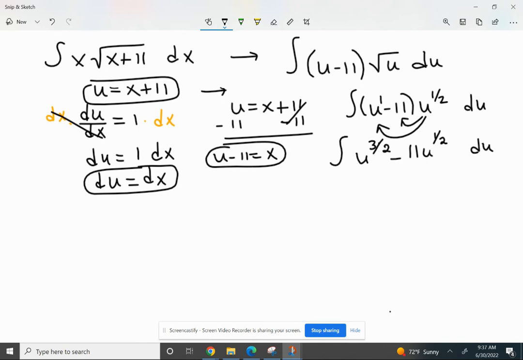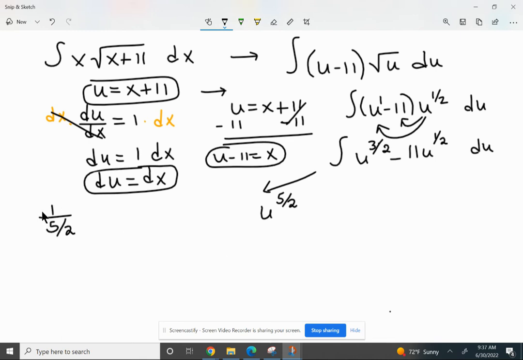Now we're going to integrate it piece by piece. We're going to add 1 to 3 halves, so 3 halves plus 2 halves would be 5 halves. We could divide by 5 halves, but you may want to think of it as 1 over 5 halves instead.